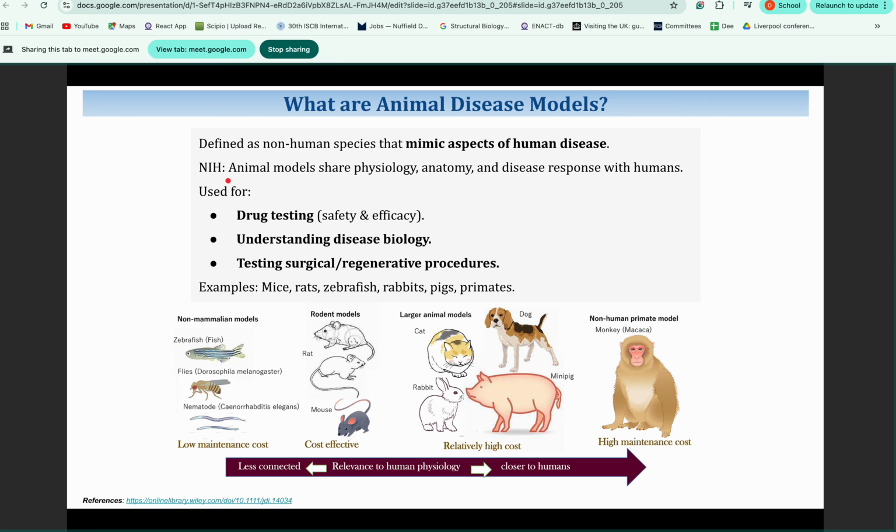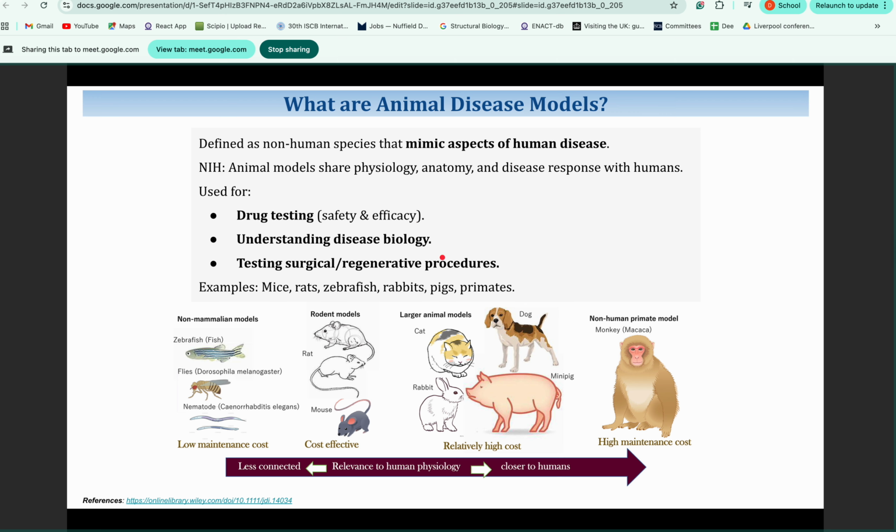According to NIH, animal models share the physiology, anatomy and disease response with humans, and they are used for drug testing, in which we can check the safety and efficacy of the drug, whether it's safe to consume, whether it's effective or not.